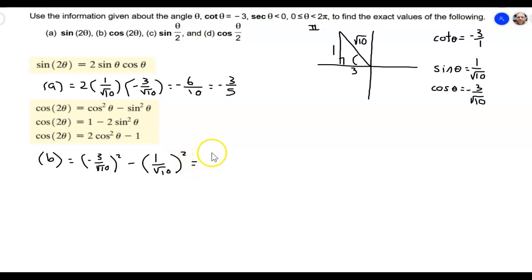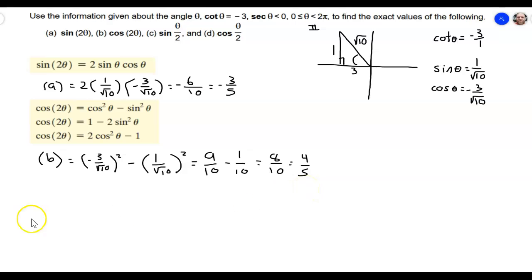So we're just looking at 9 over 10 minus 1 over 10, which should be equal to 8 over 10, which just reduces down to 4 over 5. And that's it for this one. Not too bad, and we didn't need any new information there.